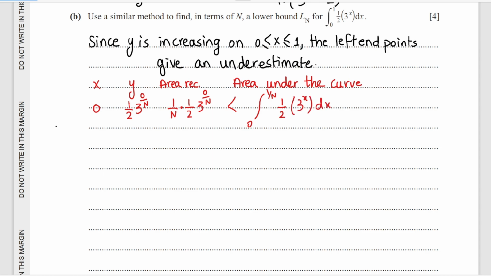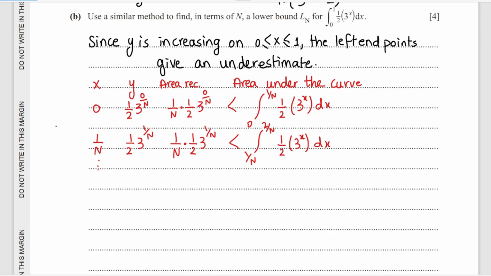For the second rectangle, x is equal to 1 over n, y is half 3 to the power 1 over n, and the area of this rectangle is 1 over n times half 3 to the power 1 over n. And this area is less than the area under the curve from 1 over n to 2 over n.